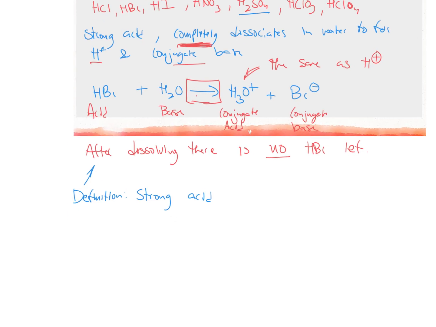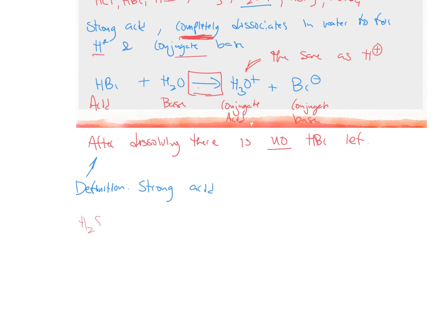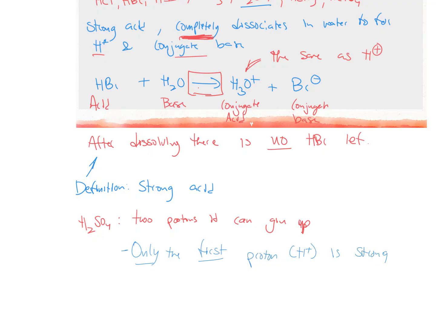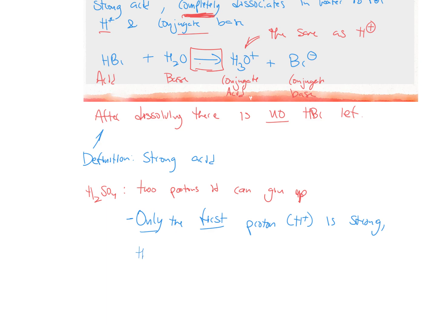Now, I said that there was something important about H2SO4, and that is that it has 2 protons it can give up. The important thing you need to remember here is only the first proton is strong. The second one is weak.